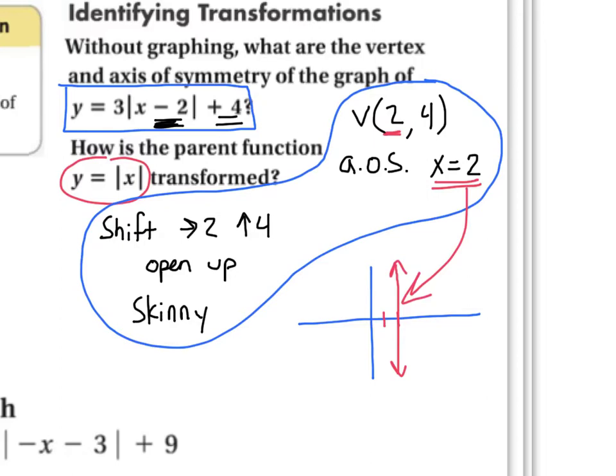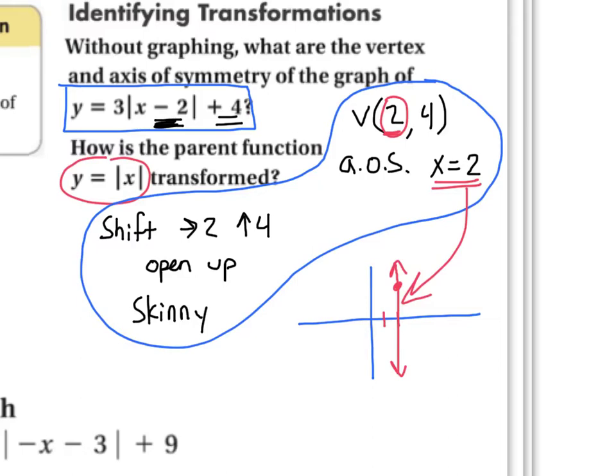I got the x from my vertex, because my vertex for this particular graph is at 2, 4. And you don't do anything with 3? Well, not yet, because we're not graphing yet. Right now, we just wanted to find this information out. Okay? Any other questions?